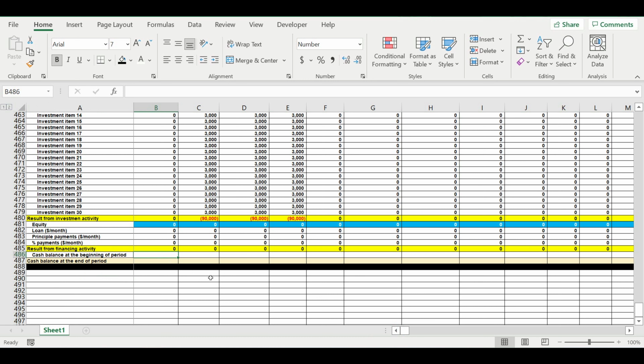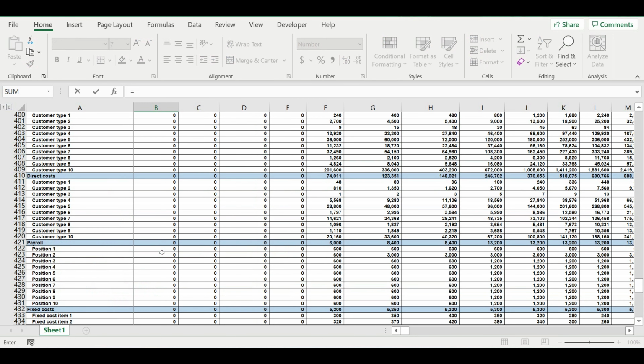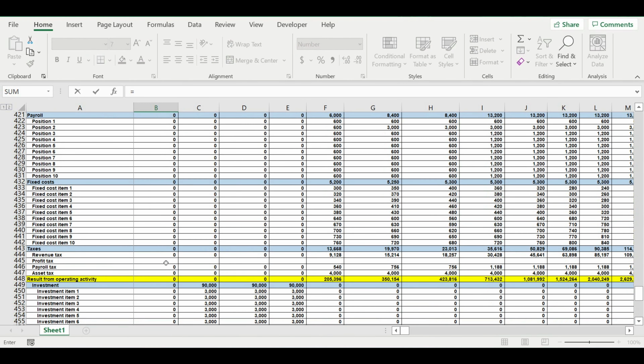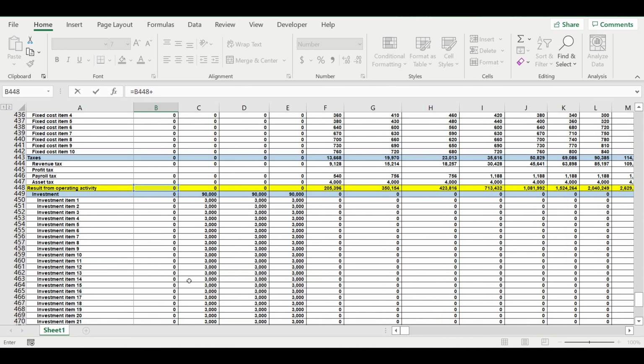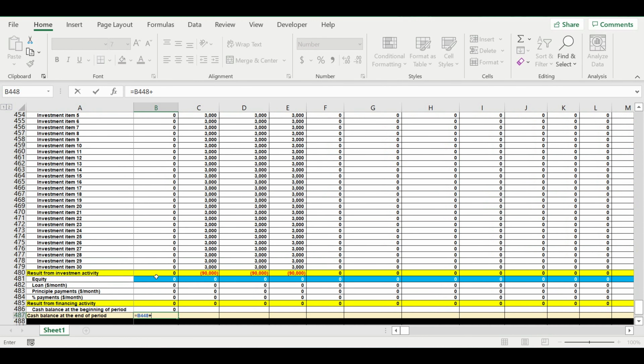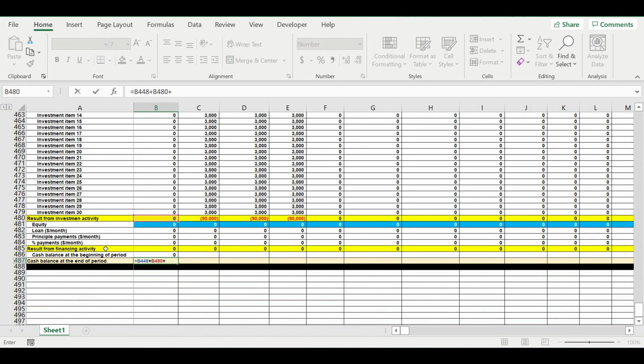First we will put 0 here. Then to calculate the cash balance at the end of the period, we take the result from operating activity plus the result from investment activity plus the result from financing activity plus the cash balance at the beginning of the period.